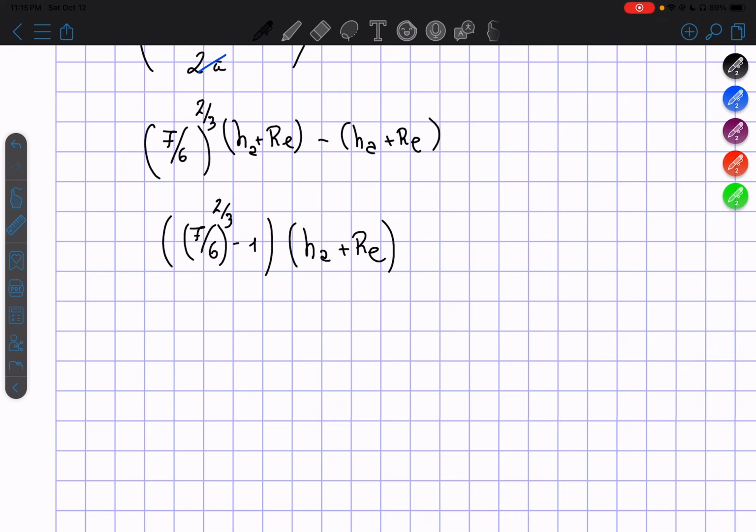Okay, and we said that it's going to be 7/6 at the power of 2/3, sorry, minus 1, all this times HA, which was 800 kilometers, plus the radius of the Earth, and we're going to say the radius of the Earth is equal to 6,371 kilometers.